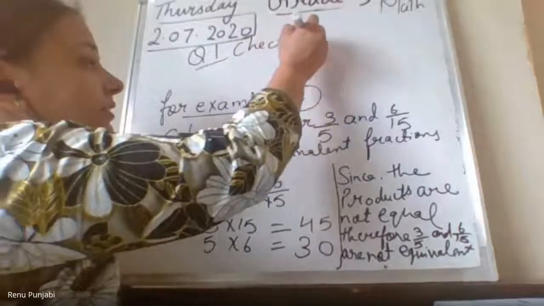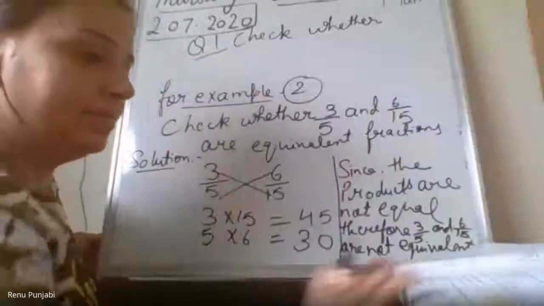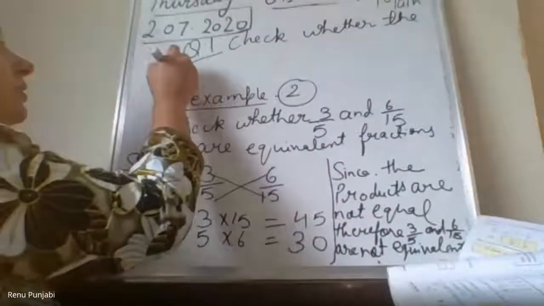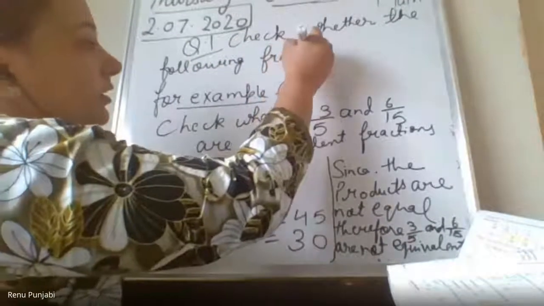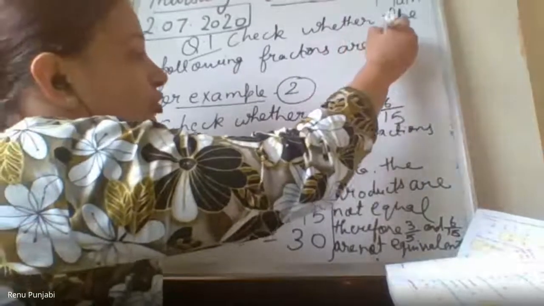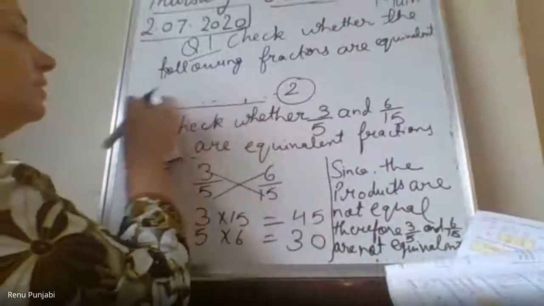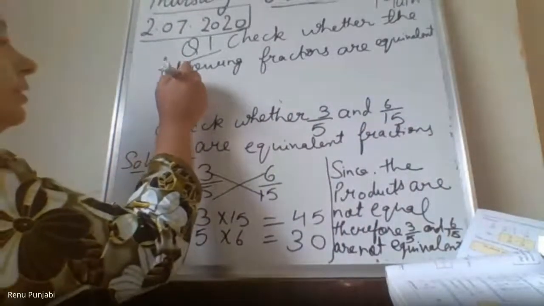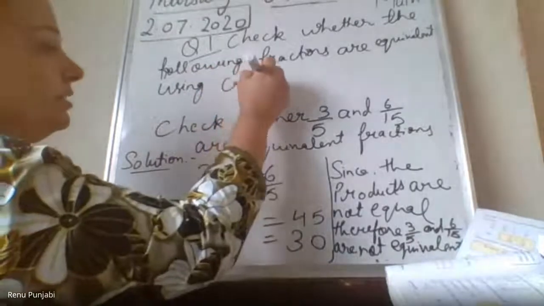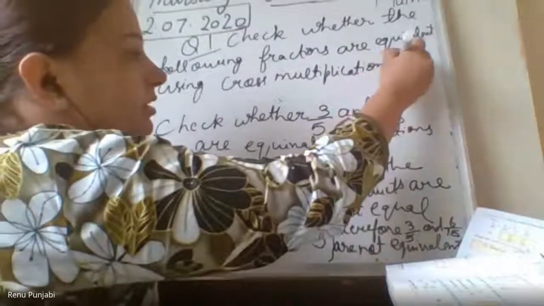Check whether the following fractions are equivalent using the cross multiplication method.